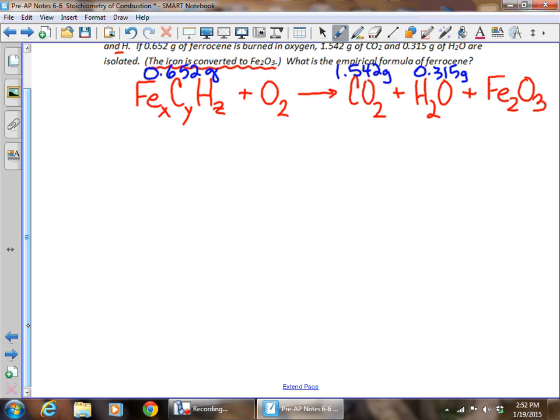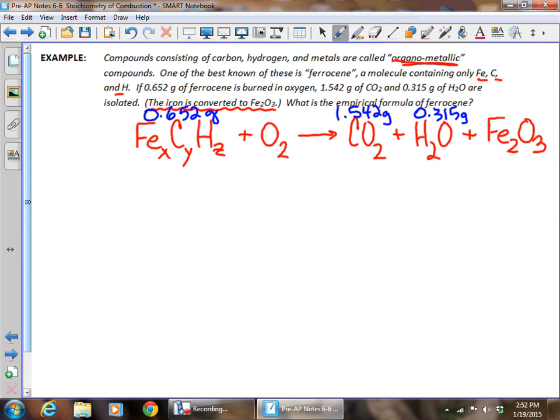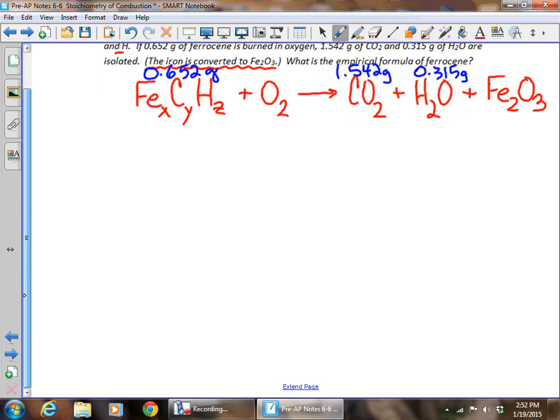So remember, our puzzle pieces that we want are going to be in the order of iron, carbon, and hydrogen. So we need Fe, we need carbon, and we need hydrogen. So it wants it in that order.